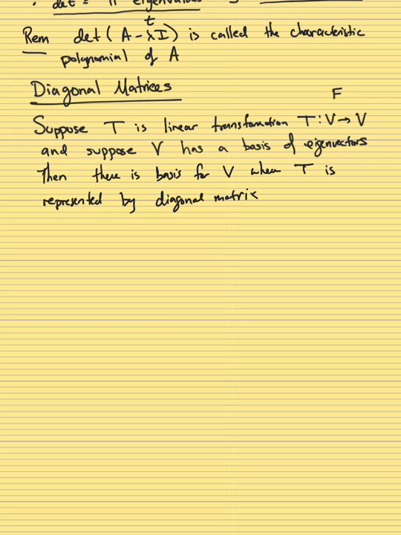You just choose the basis of eigenvectors and you get exactly the eigenvalues along the diagonal and zeros everywhere else.